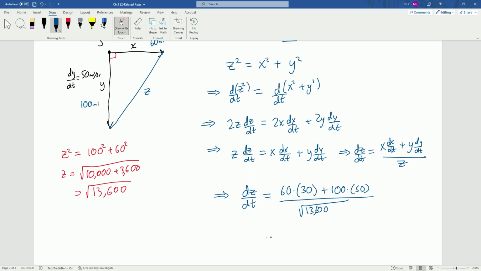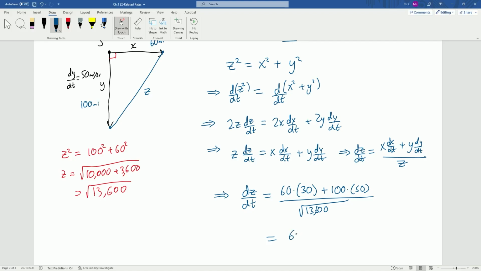I'm going to clean this up a little bit, but I'm not going to plug this in for a decimal, and there's not too much point in that. You can plug it into a calculator yourself to see the decimal response if you'd like. But here we've got 60 times 30. 6 times 3, that's 18, and times 100, 1,800, plus 5,000.